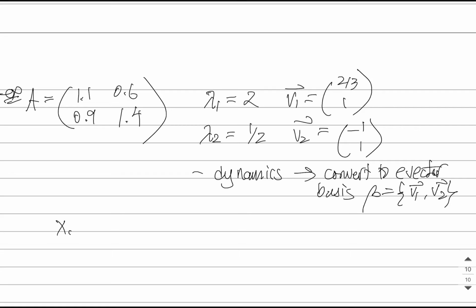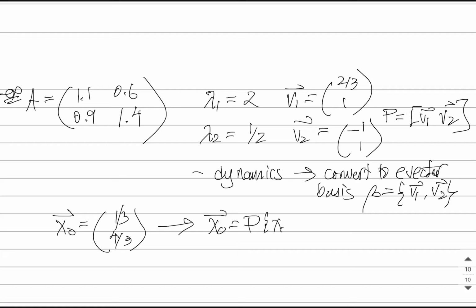If I take some initial vector written in standard basis, 1/3, 4/3, you can show that if you do this type of calculation, where you put the eigenvectors into a matrix, you can switch basis and figure out the name of this vector in B coordinates, in eigenvector basis. It would end up being 1 and 1/3.